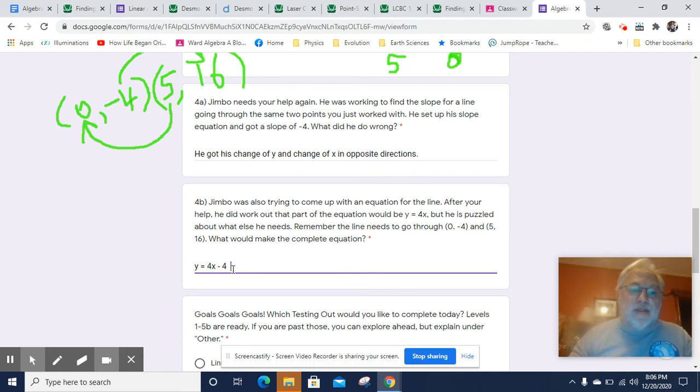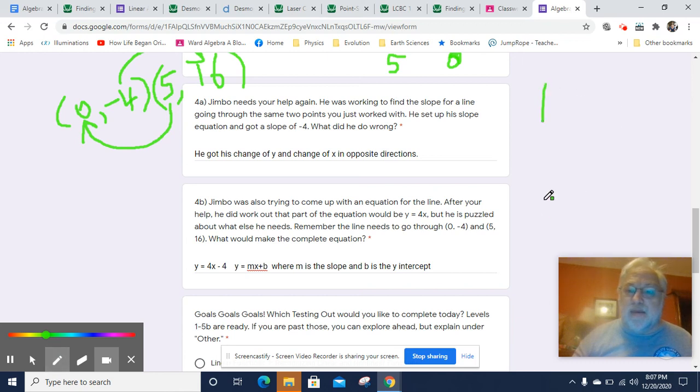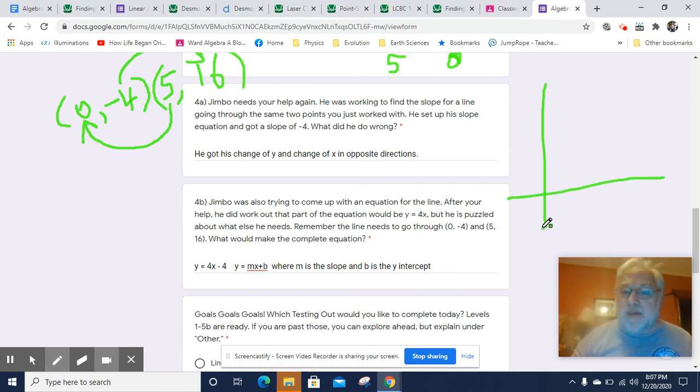This is, in fact, the form y equals mx plus b, where m is the slope and b is the y-intercept, because the y-intercept for these 2 points is (0, -4). That is a y-intercept because x is 0, and that means it's on the y-axis.